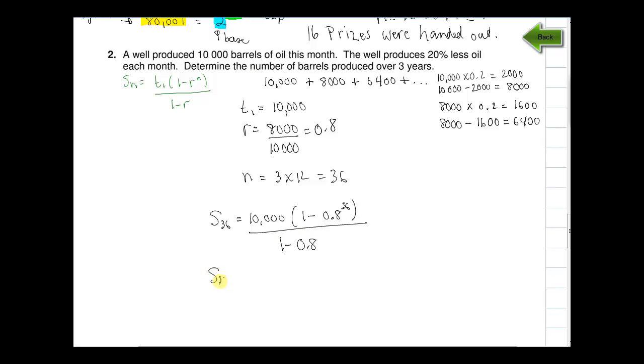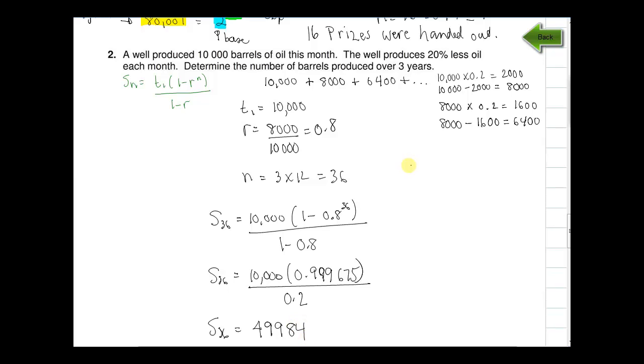Okay, so S subscript 36 is equal to 10,000 times, and then we're going to go 1 minus 0.8 raised to the 36th power, and we get 0.999675 over 1 minus 0.8, which is 0.2. So we put all of this into our calculator, and we get 49,984.